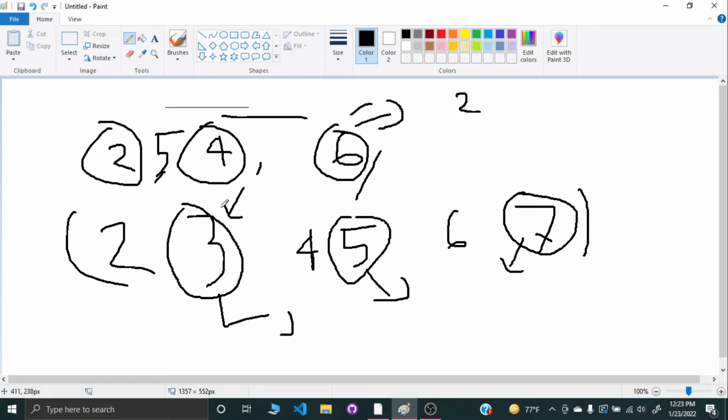The best way to do that is to erase it with an even number. Why is that? Because even times odd would always give me an even number.